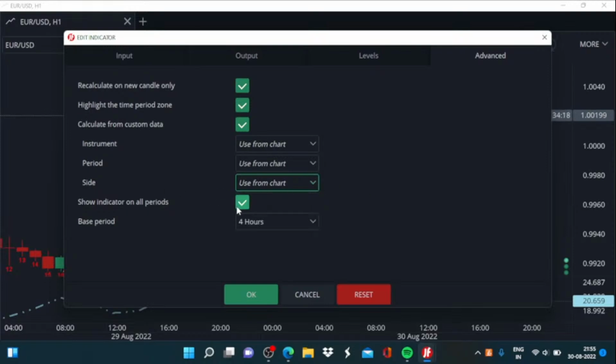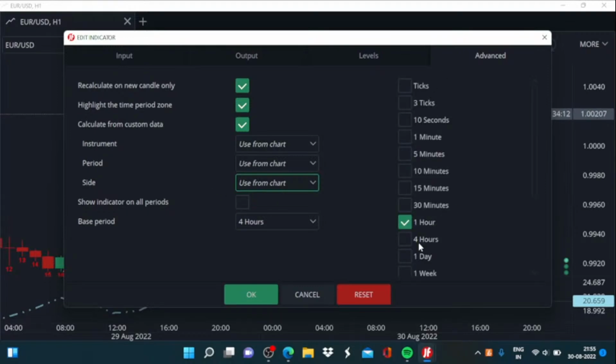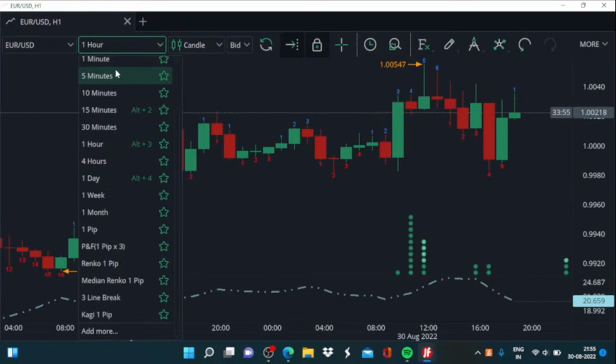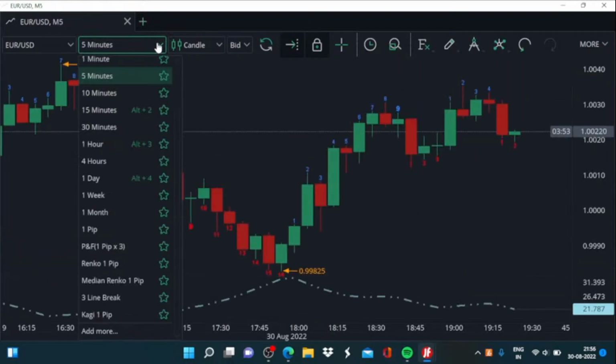If you want the indicator to be shown on all the grids, then you have to check this box. If you opt out of this, then you have to specify on which time period the charting of these ADX should be visible, and only on those time frames the plotting will be there. Say for example we go for 5 minutes, then this ADX will be plotted only on two time frames, the 5 minutes and hourly.